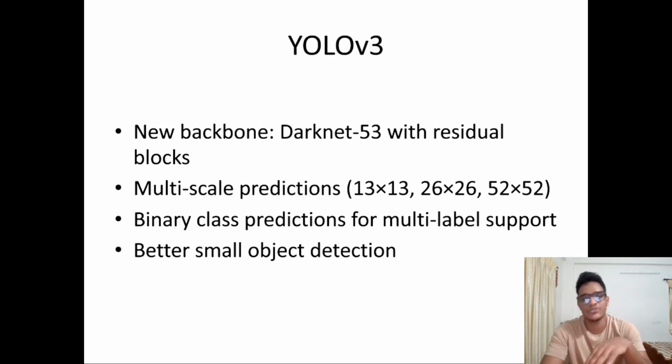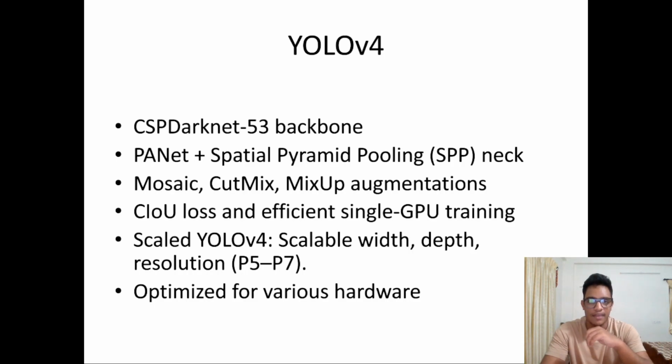YOLO version 3 uses DarkNet 53 with residual blocks, and it also uses multi-scale predictions like 13 by 13, 26 by 26, 52 by 52 sizes, for large, medium, and small objects. And it uses binary class predictions for multiple label support, and it has better small object detection compared to versions 1 and 2. And version 4 uses the CSP Darknet 53 backbone, with a PANet and spatial pyramid pooling neck.